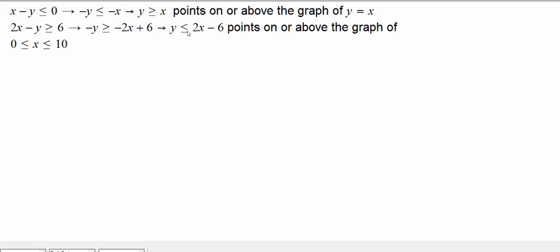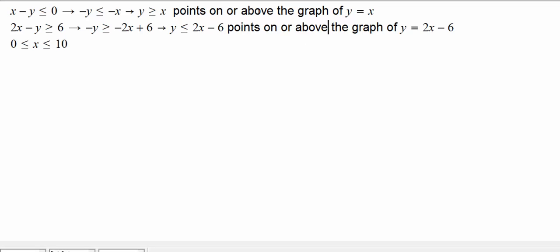So the points that are of interest, their altitudes are less than or equal to the points above the graph of this line. So in this case, once again, we want those points to have altitude below that.